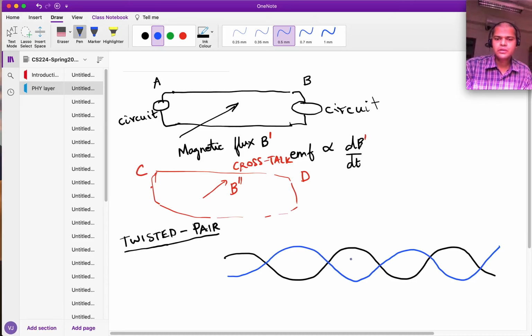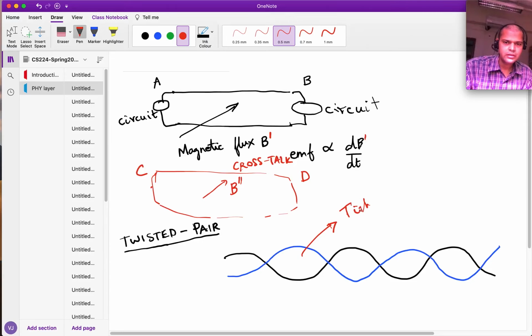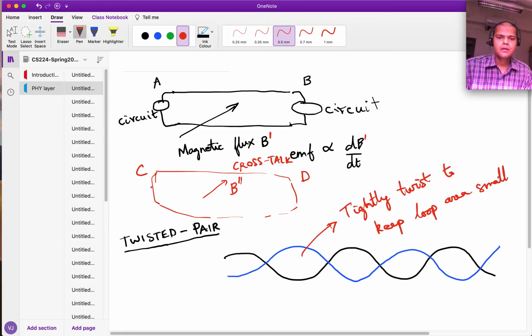Well, of course you want to keep this loop area small. So let's say we want to tightly twist to keep the loop area small. So that is one advantage.